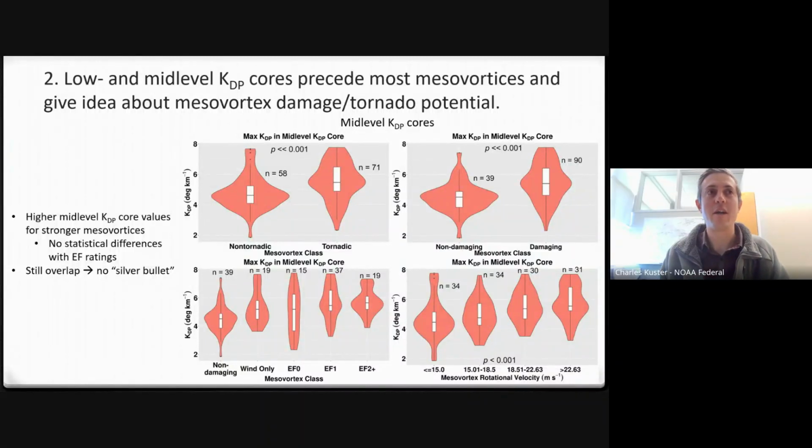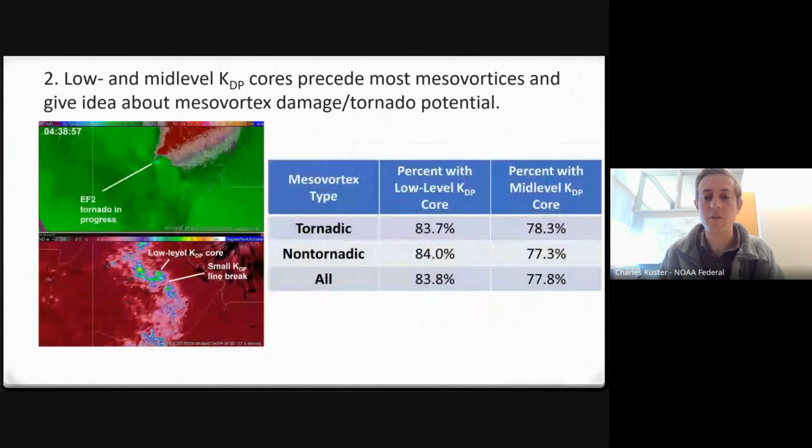Yeah, no, those are great questions, and things that myself and other co-authors have talked about a lot. Like how can this, or should it, be used? To your first point, I should have mentioned this: a lot of the mesovortex warning system signatures are mesovortex signatures, not tornado signatures.